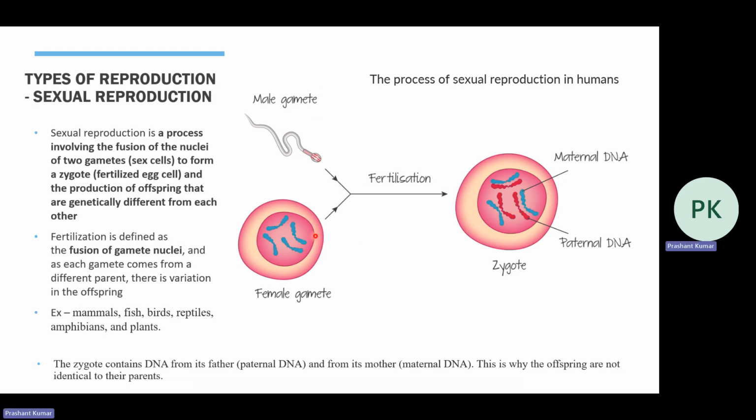This process takes place in all mammals, birds, reptiles, amphibians. Some plants also go through sexual reproduction, right? And the zygote, which is present here, you can see here, the gray, blue color chromosome is coming from the mother side, and the red color chromosome is coming from the father side. You can see the sperm cells, so they are present together. So the zygote contains 50% information from mother and 50% information from father.